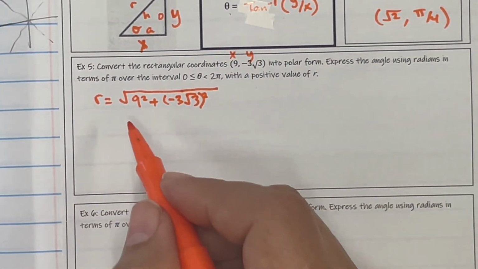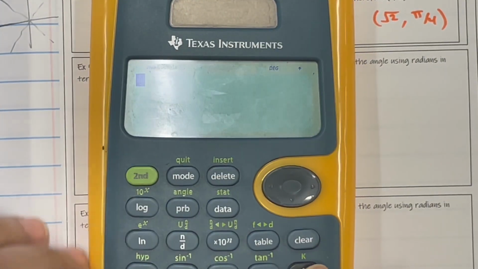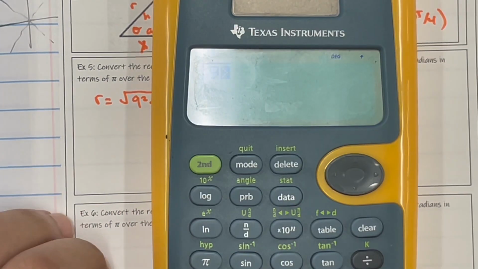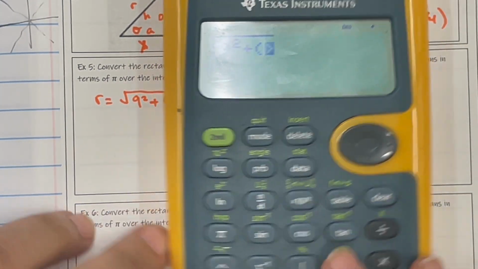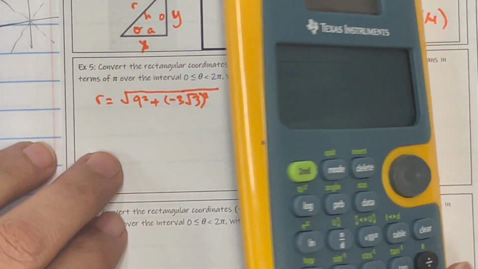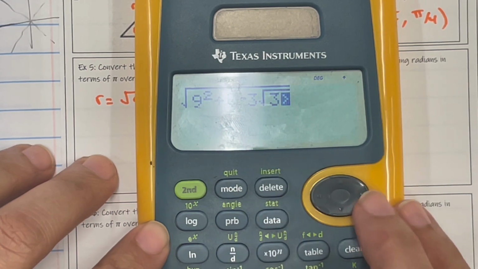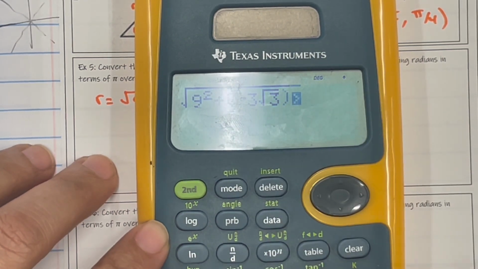and you're just going to put the whole thing in the calculator. So radical, we have 9 squared plus negative 3 radical 3 squared. Be careful when you're doing this to make sure you're coming out of the square root there.